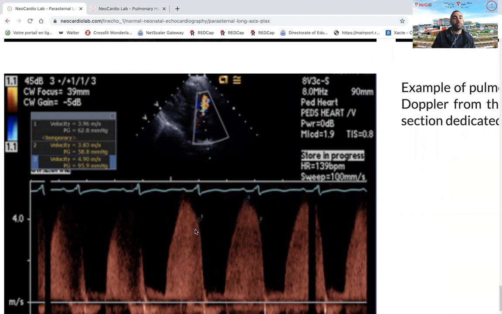So this particular patient would have about 60 to 65 millimeters of mercury of mean pulmonary arterial pressure, which is obviously very high considering that the current definition for pulmonary hypertension in patients above 3 months of age is a measurement above 20 millimeters of mercury of mean pulmonary arterial pressure.